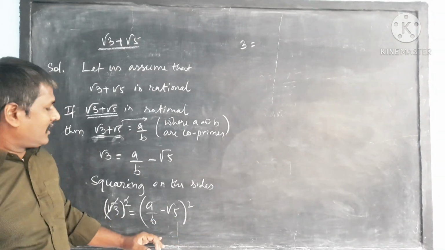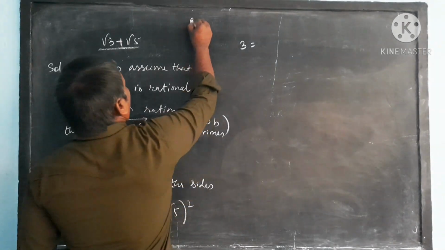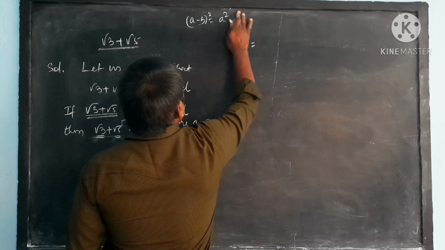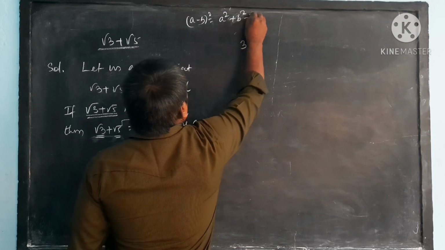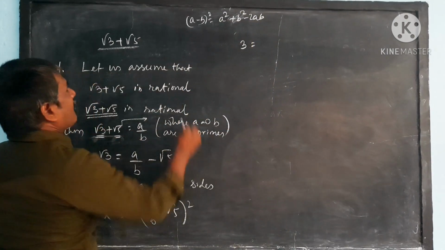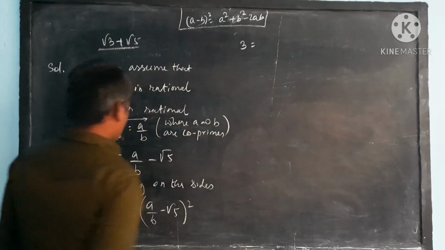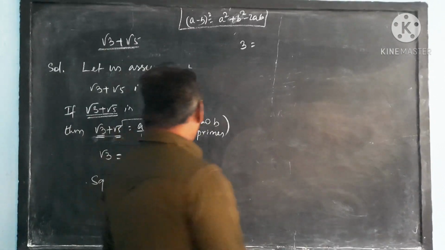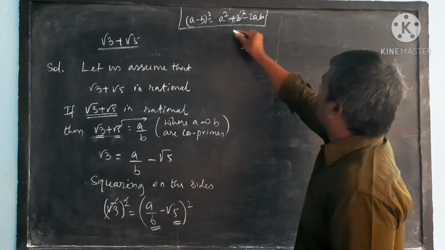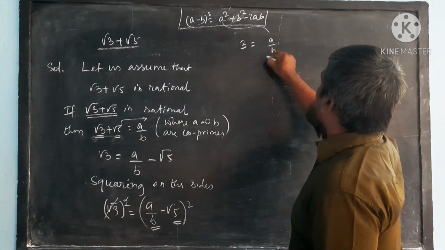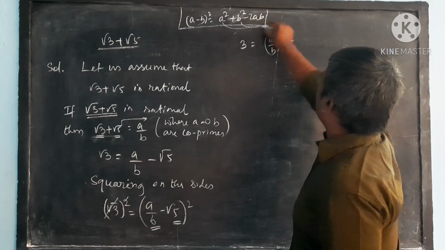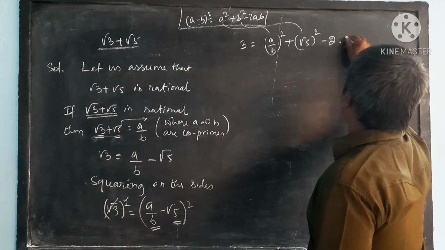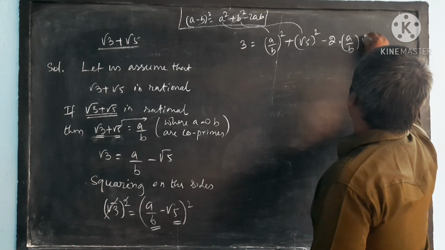That is, a minus b whole square is equal to a square plus b square minus 2ab. Here a by b is in the place of a, and root 5 is in the place of b. Now I can write a square means a by b whole square, plus b square means root 5 whole square, and at the same time minus 2 into a by b into root 5.